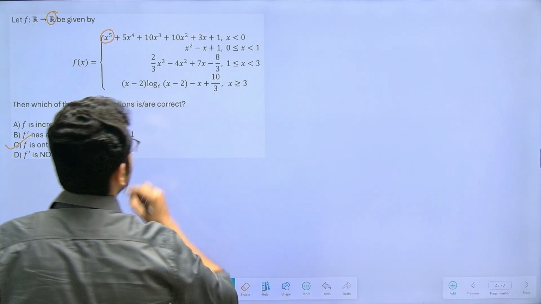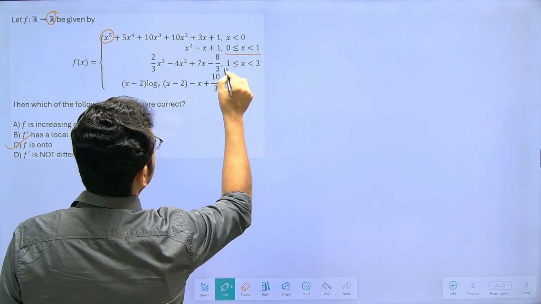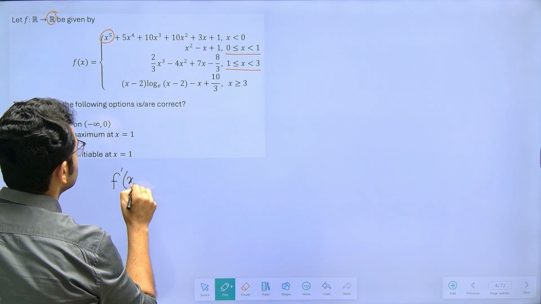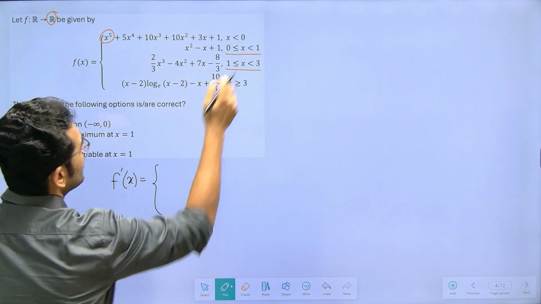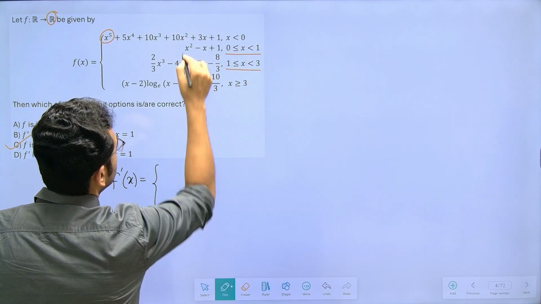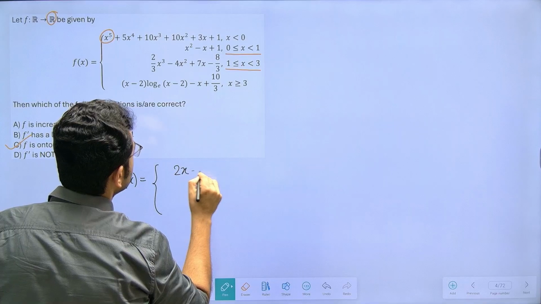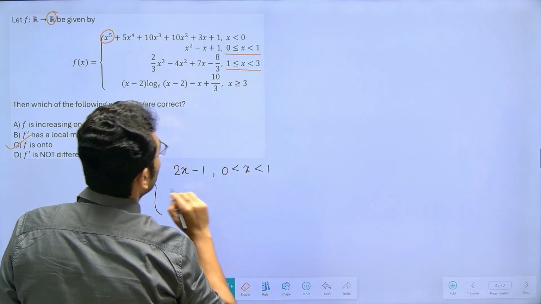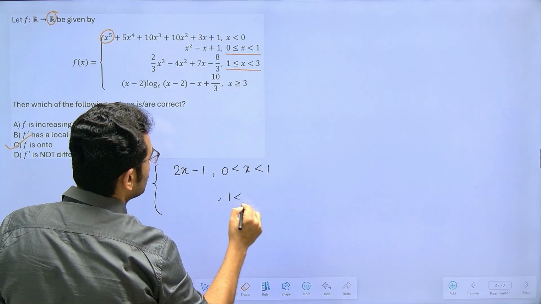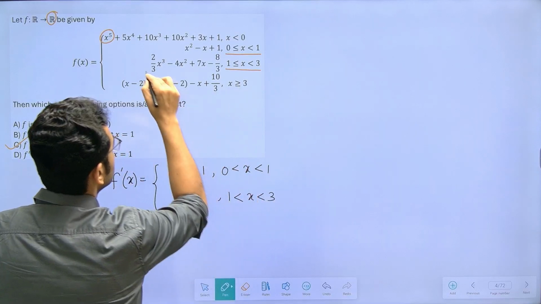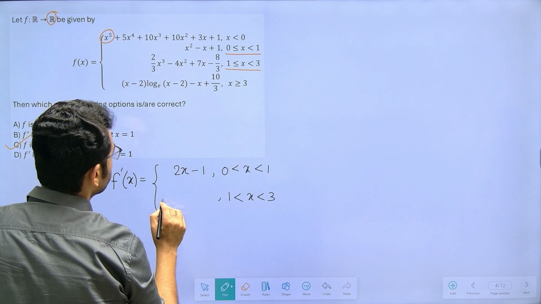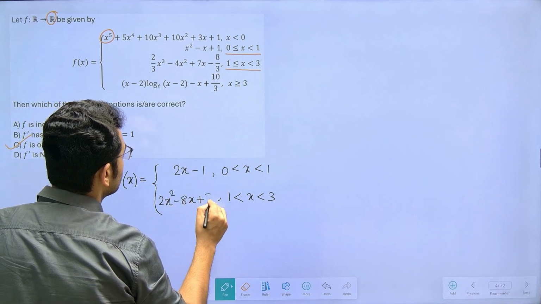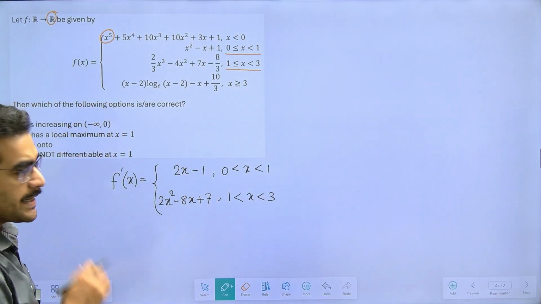So if I go for the derivative, f dash x, between 0 to 1 the derivative is 2x minus 1, and from 1 to 3, if I differentiate this function, the derivative is going to be 2x square minus 8x plus 7. This is going to be the first derivative.